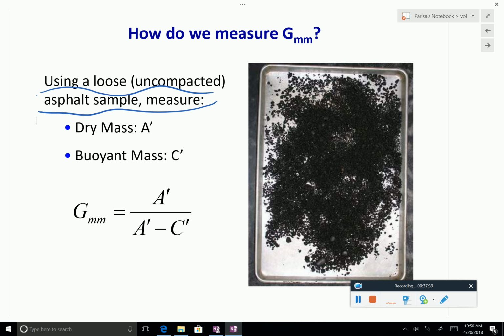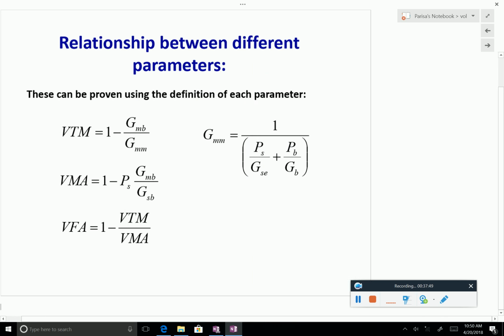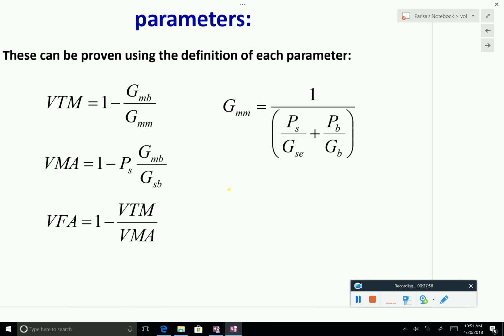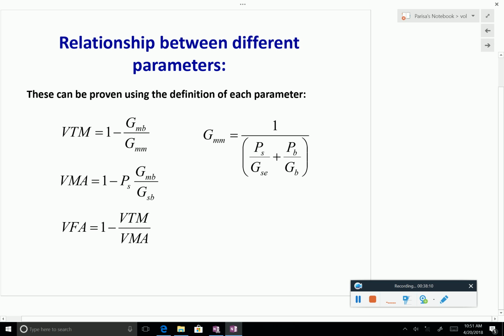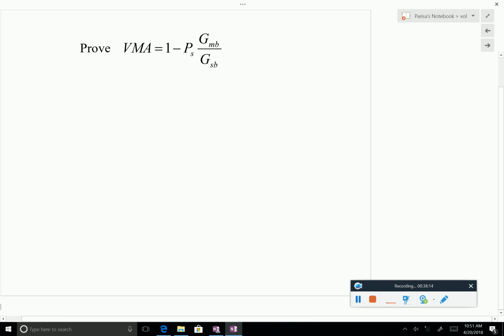Okay, now with all these definitions and formulas, we are ready to actually do some calculations. It turns out that there are some relationships between the air contents that you learned and the different specific gravities or the other parameters like binder content. Just for an exercise, I want us to show that one of these is true.